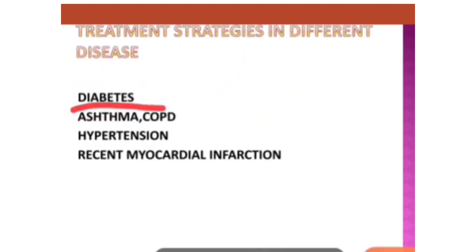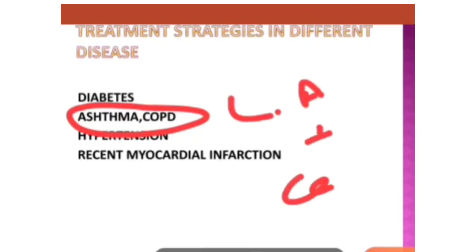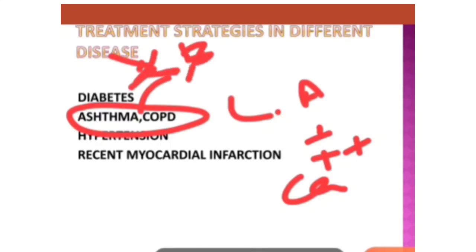In asthma or chronic obstructive pulmonary disease, the best options are long-acting nitrates plus a calcium channel blocker. We can never use beta antagonists like beta blocker drugs.